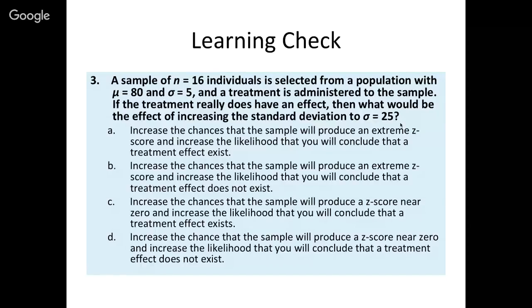As we just said, variability is not good for hypothesis testing. The higher the variability, the lower the probability we will reject the null. The lower probability of rejecting the null means it increases the chance that the sample will produce a z-score near 0, and increases the likelihood you will conclude the treatment has no effect. So D is the correct answer.